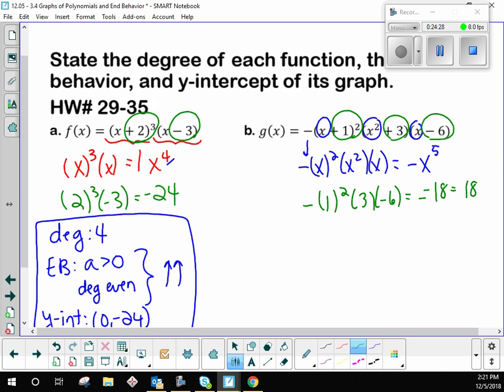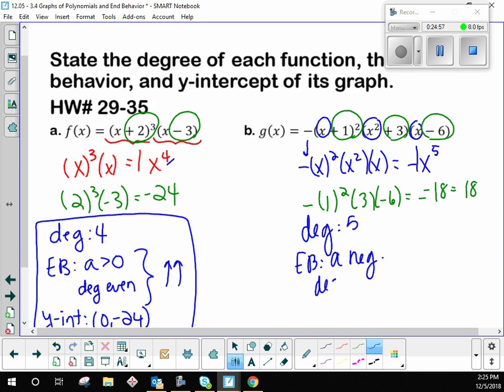Take a minute and answer the rest of the problem based on that information. Okay. So remember again, this is my first term here. This is my a, my degree. So the degree here is 5. The end behavior is a combination of things. Is a positive or negative? Negative.